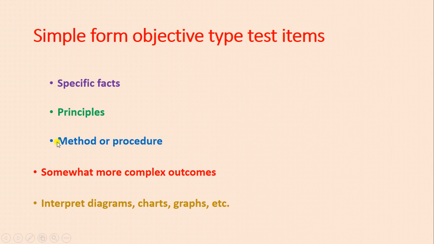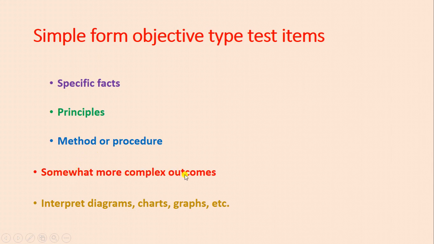In the same way, methods or procedures, we can test techniques, processes, different ways of doing something, manners, procedures. So these things we can test through simple form objective type test.